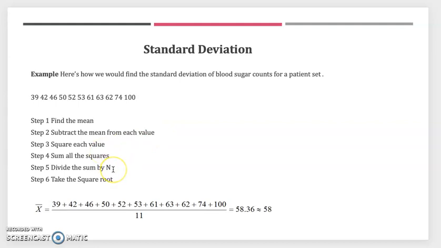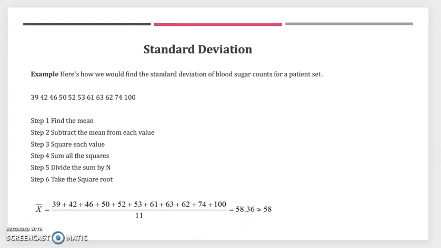Then we divide and take the square root. Here we have 11 values, so the average is the sum divided by 11. This is the sample average.